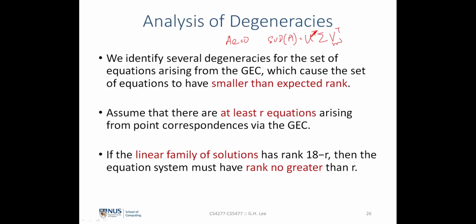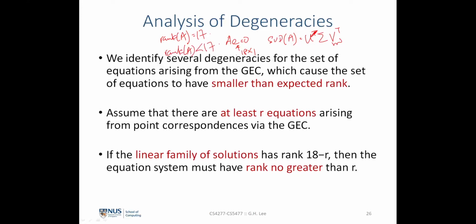So here we saw that we end up with a one-parameter family of solutions. Since this is an 18 by 1 vector, for this homogeneous linear equation to have a one-parameter family of solutions, the rank of A must be equal to 17. So in the case where degeneracy occurs, we can say that the rank of A would drop below 17.